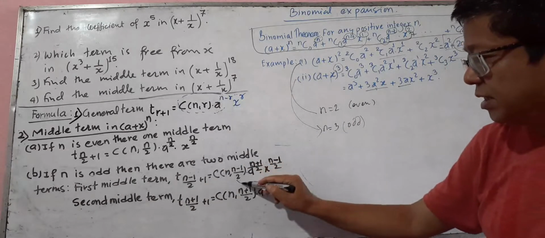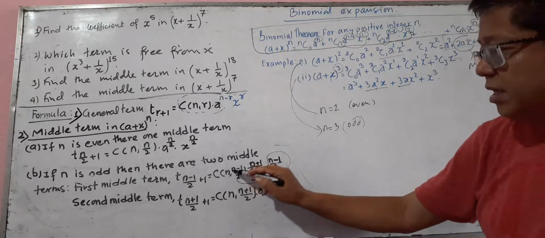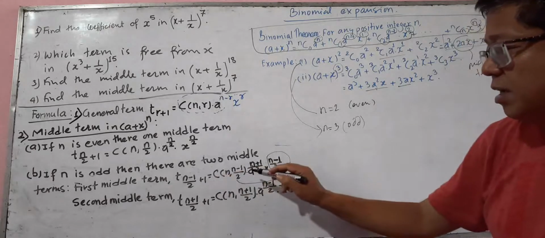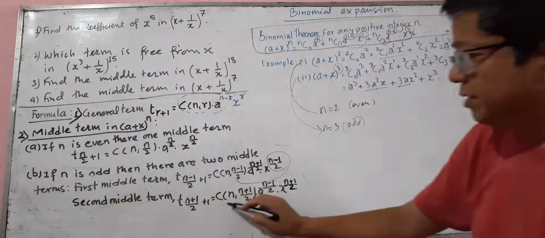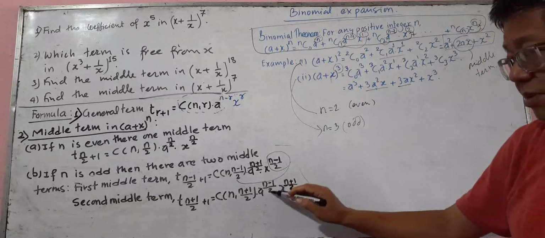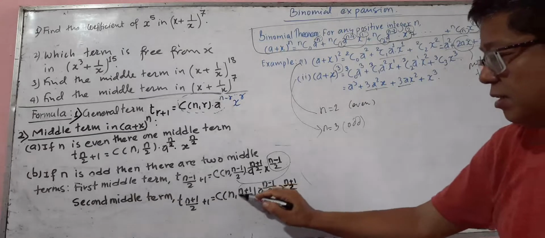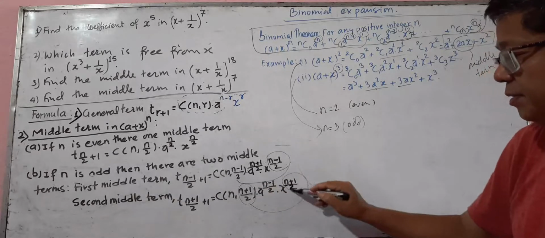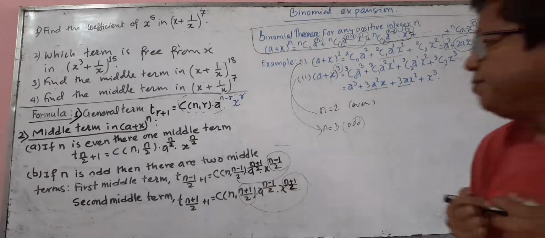Look at it, this power and this power are the same. You can write (n+1)/2 here. The second middle term is nC((n+1)/2) a^((n-1)/2) x^((n+1)/2). And again the same power, look here, so always these two entities must be the same.